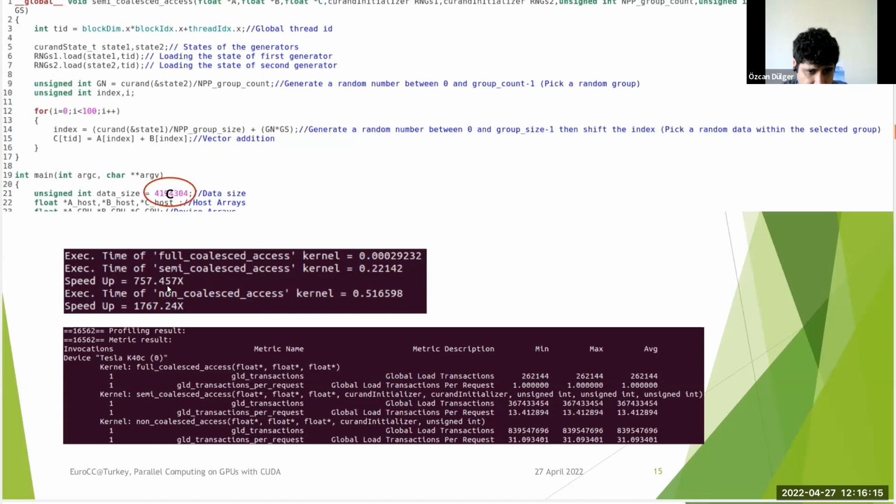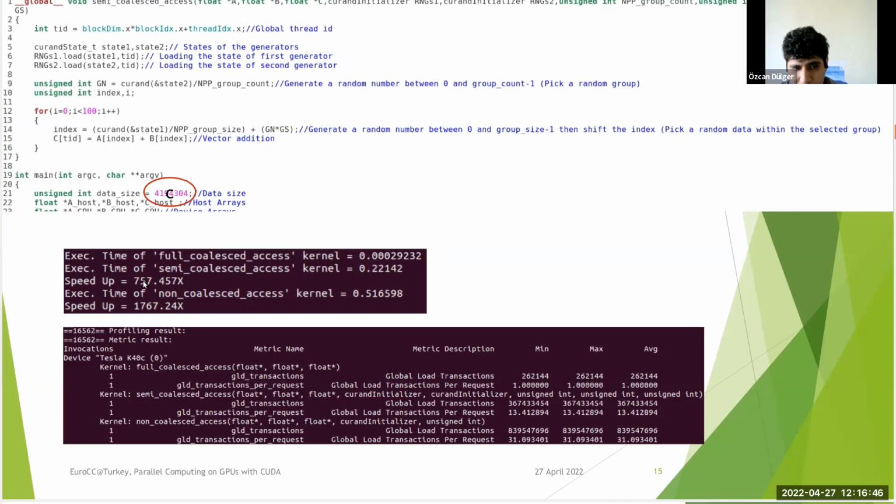For semi-coalesced access, it is 0.22 seconds, and it achieves 757x speed up. And for the non-coalesced access kernel, it is 0.51, and the speed up is 767x.